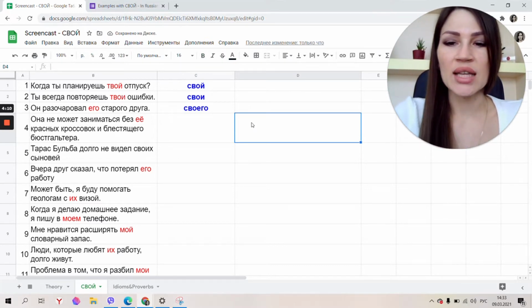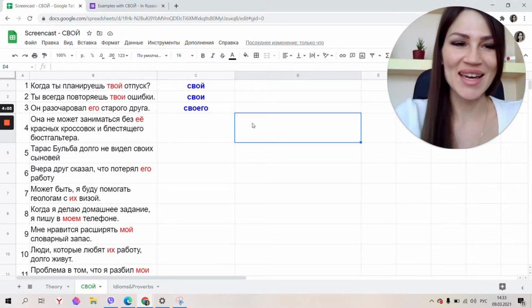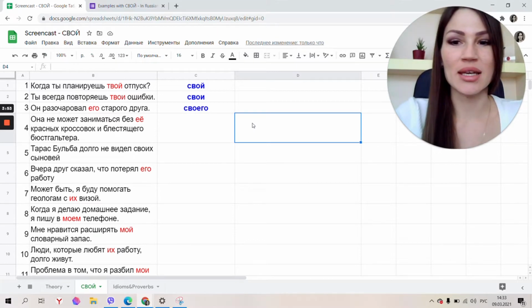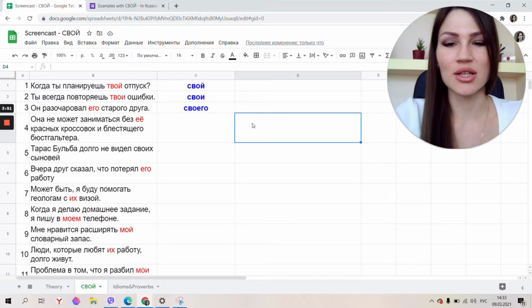4. Она не может заниматься без ее красных кроссовок и блестящего бюстгальтера. Yeah, these sentences are real sentences which my students write, so the topic can be different. So, she is the doer of the action and she is the owner of the sneakers and bra, right?